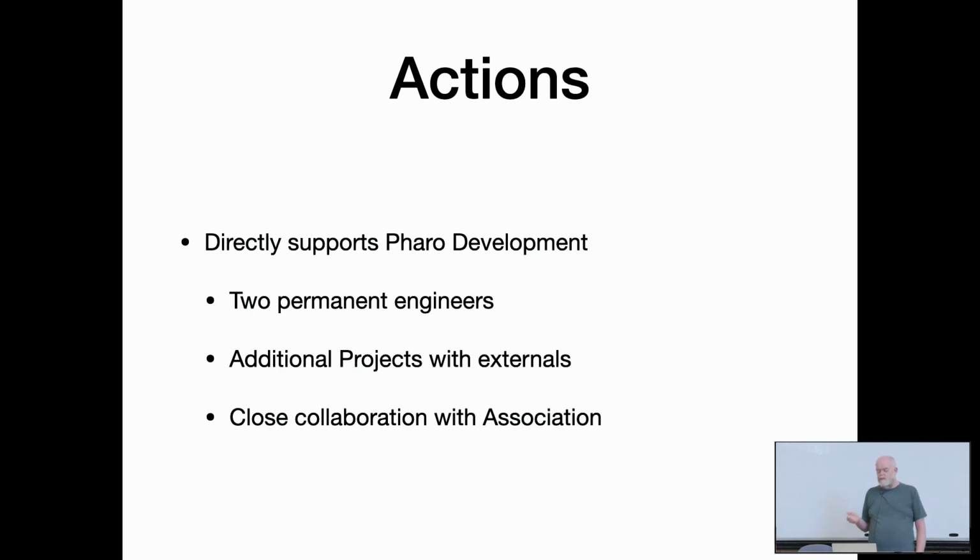Then in addition, we do additional projects with externals. You saw the talk before, that was one of those. And here it happens that we can collaborate with the association. So if the association has resources left over, then we can together finance something, for example.